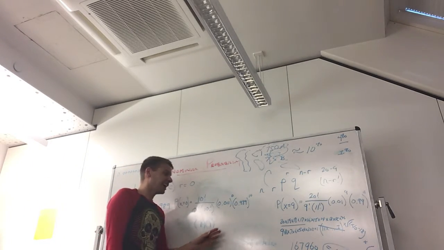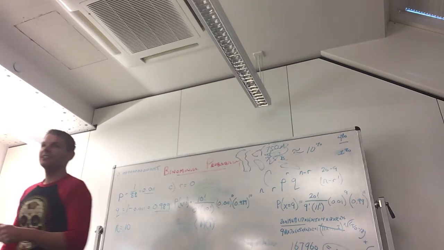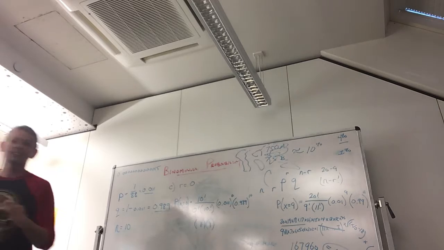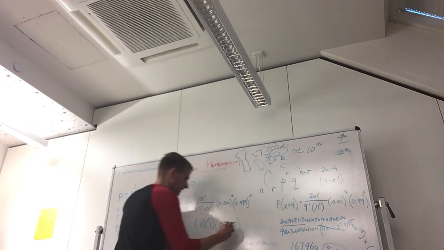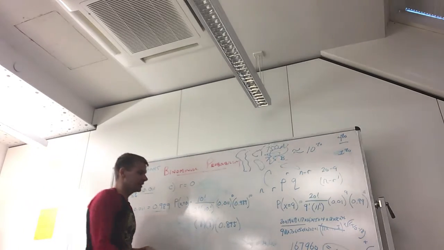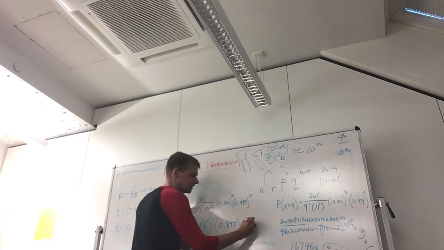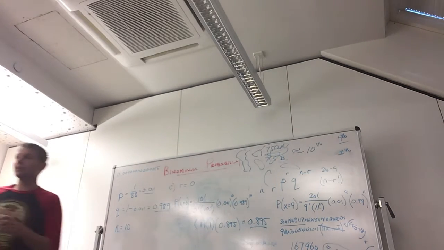All right, now you can use your calculator. 0.989 to the 10th power is 0.895. Okay, so we multiply it out. 1 times 1 times 0.895 is equal to 0.895.